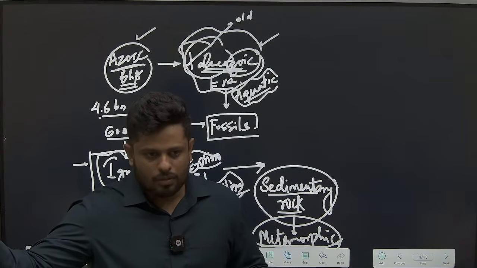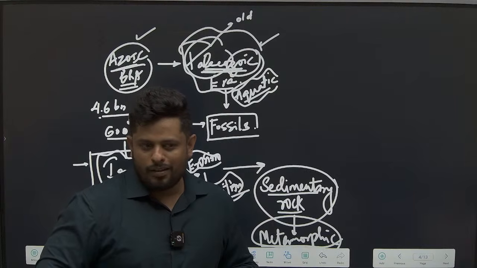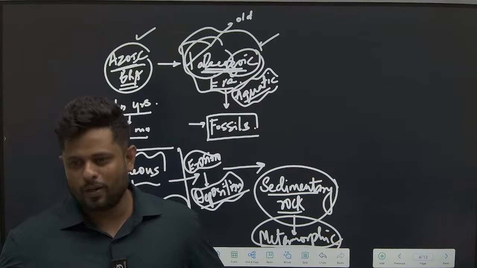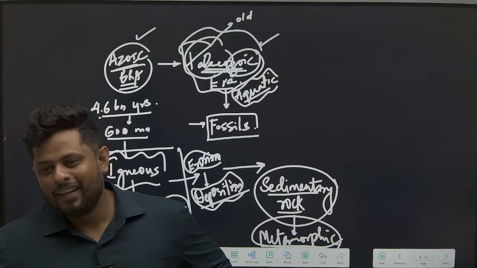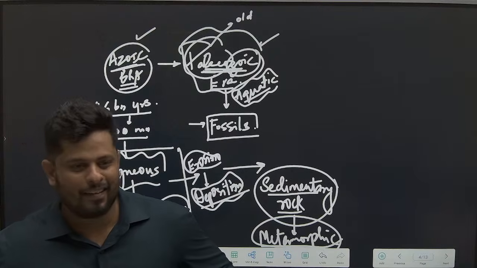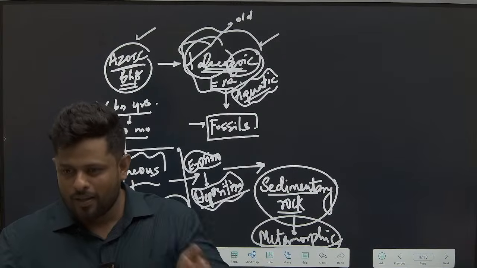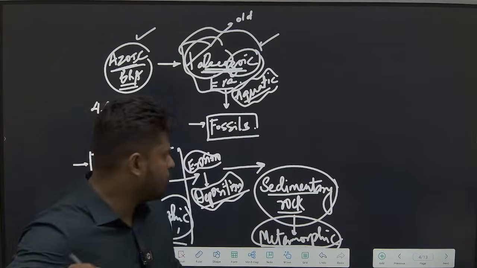Correct? Marble, is it a sedimentary or igneous rock, sir? It's a metamorphic rock. What has it metamorphosed from? Limestone, a sedimentary rock, undergoes metamorphism to form marble, one of the hardest, no doubt about it.